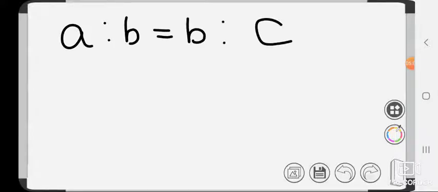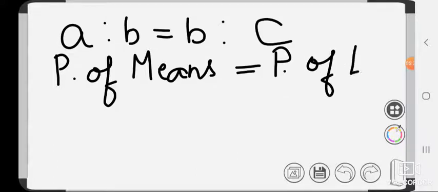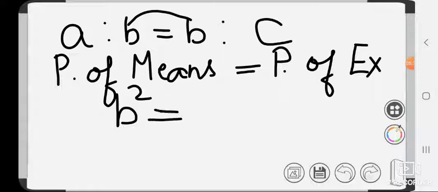Then just like our previous proportion, we learned product of extremes is equal to product of means, isn't it? Let me write product of means first. If the ratios are in continued proportion, product of means means B into B, that is B square, is equal to product of extremes. Which are the extreme terms?